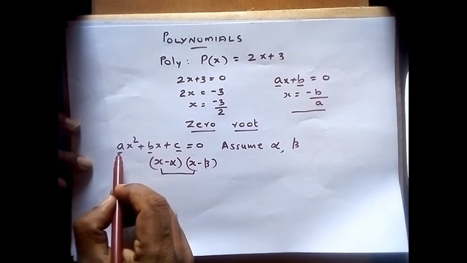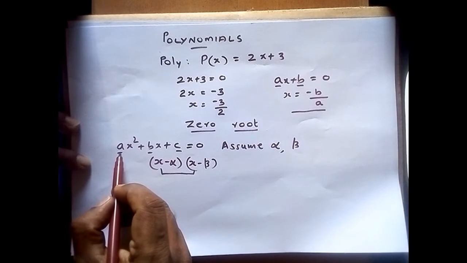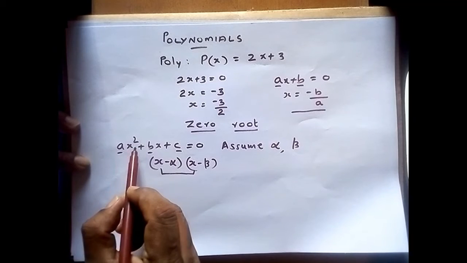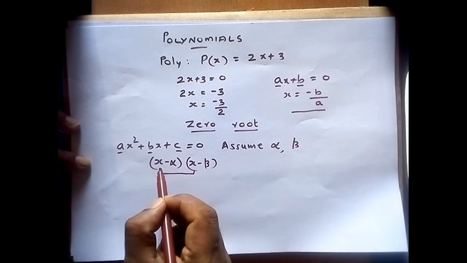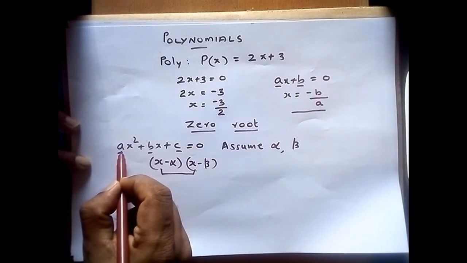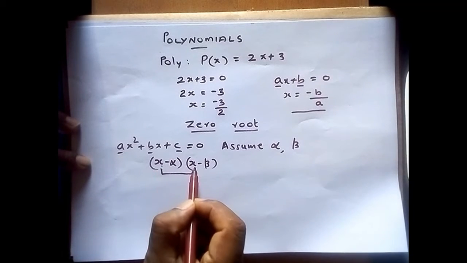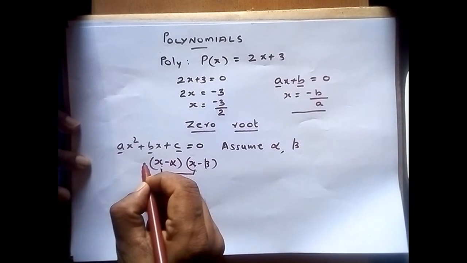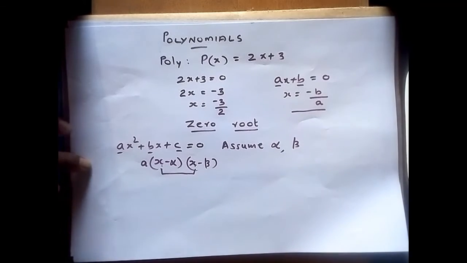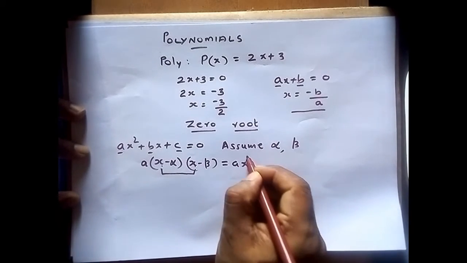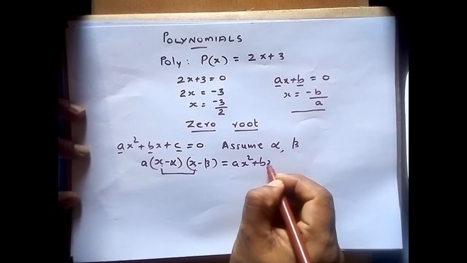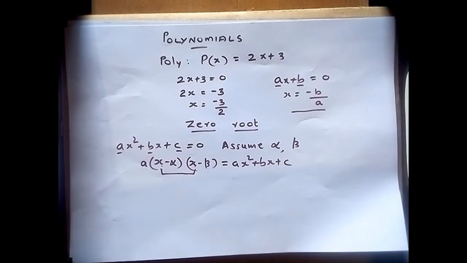What is the coefficient here? Here a is the coefficient of x square in the original polynomial. When we multiply these two factors, we get x square only. So here it is ax square, here it is x square. So definitely a also we will have to multiply to equate to the original polynomial. Clear?